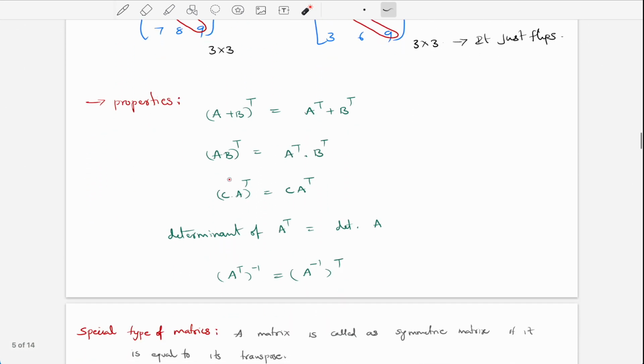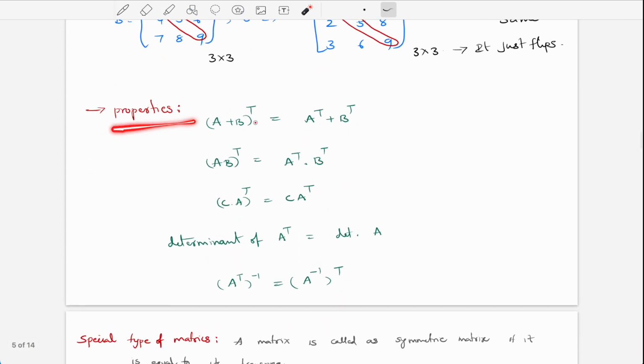We have some properties out there. (A + B) transpose is equal to A transpose plus B transpose. Just explore it on your own. It's a simple thing. Like 2 plus 3, with a transpose over it, becomes 2 transpose plus 3 transpose.